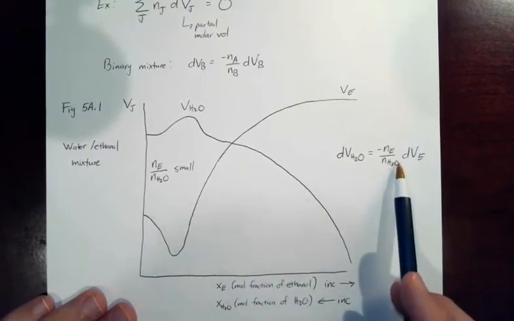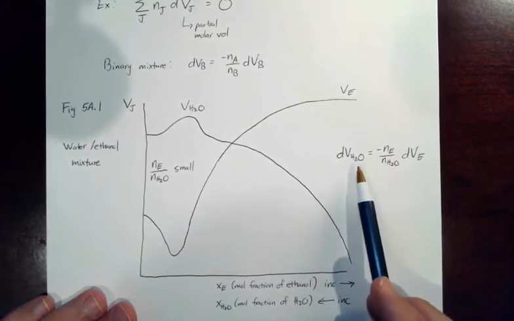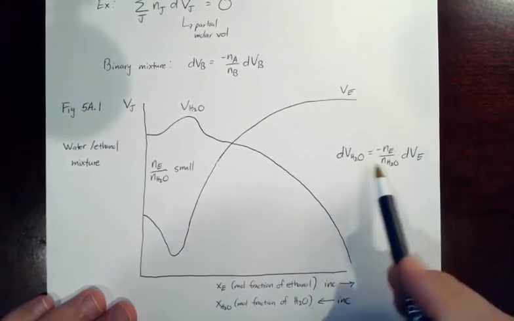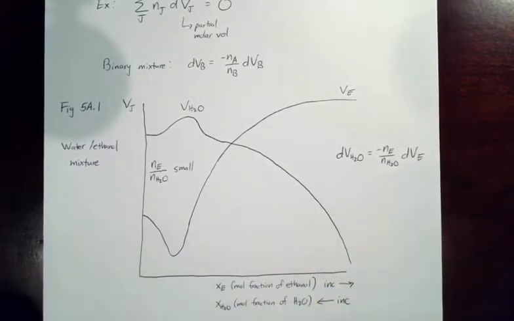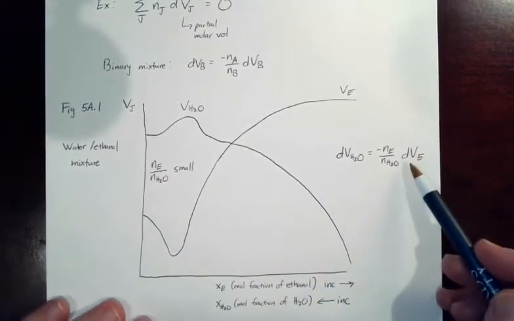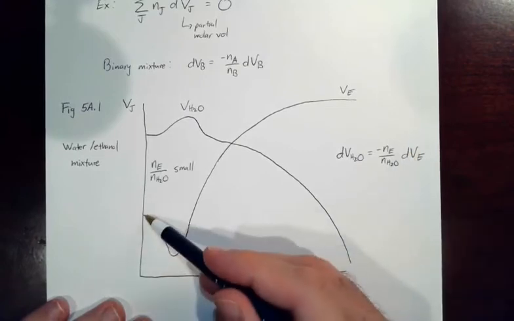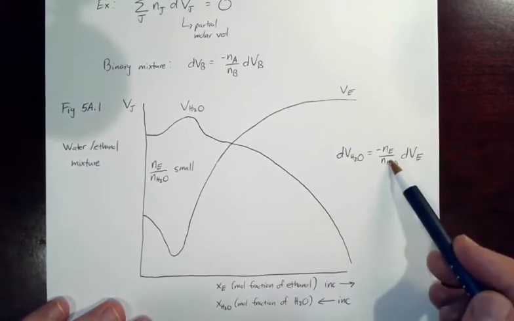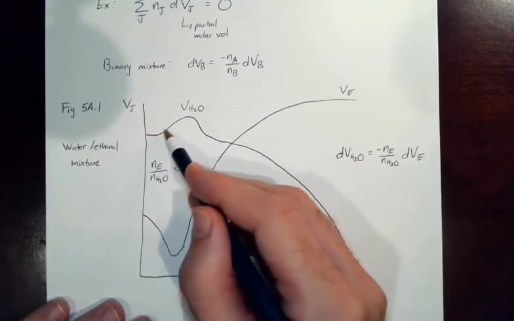And so this small coefficient means that a large change in dVe, as we see here, a steep drop, multiplied by a small number is going to be a small increase in VH2O.